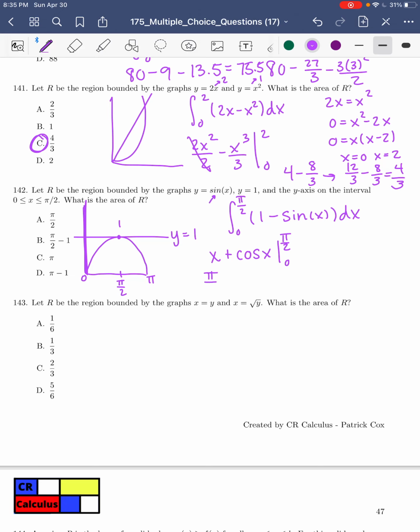Now I'll just plug everything in. So pi over 2 plus cosine of pi over 2 minus 0 plus cosine of 0. So cosine of pi over 2 becomes a 0. So really what I'm left with is pi over 2 minus cosine of 0, which is 1, so minus 1. My answer is B.